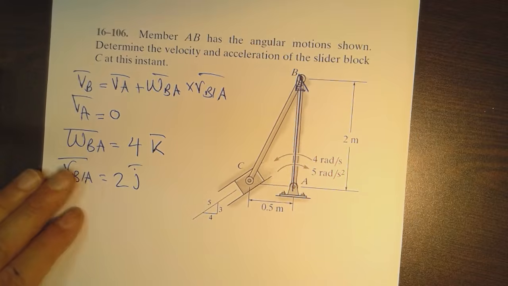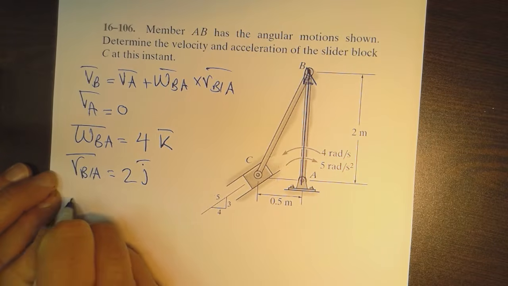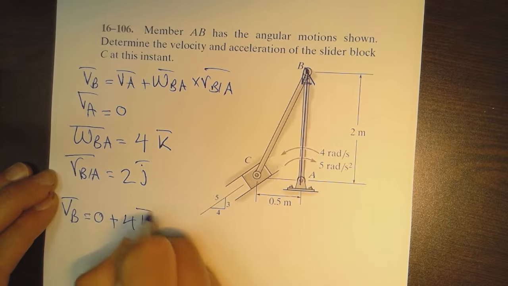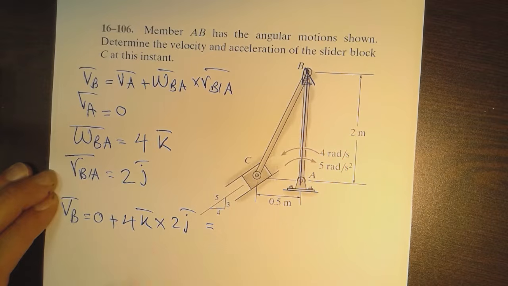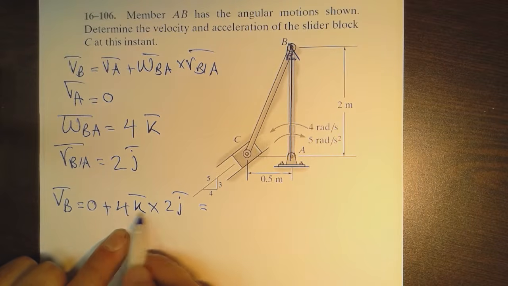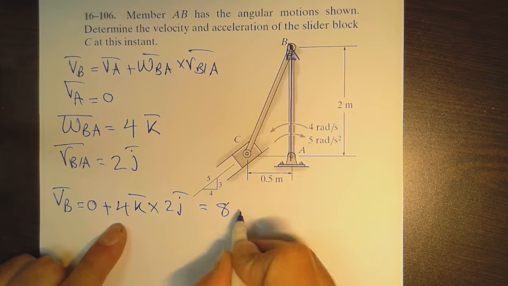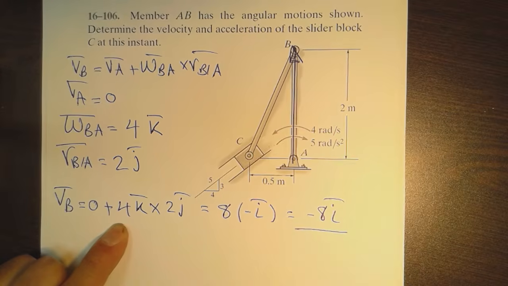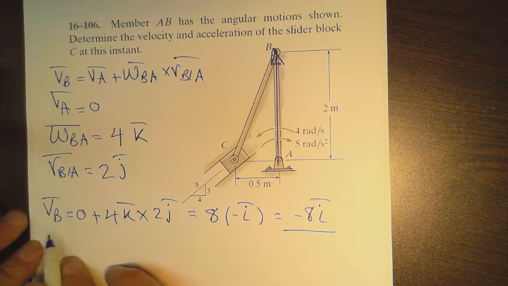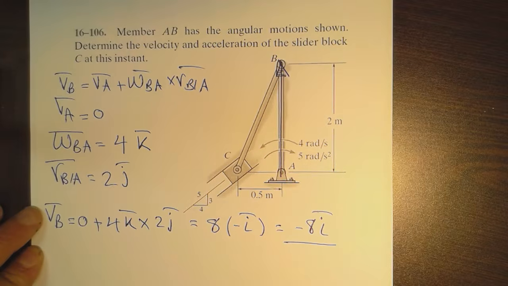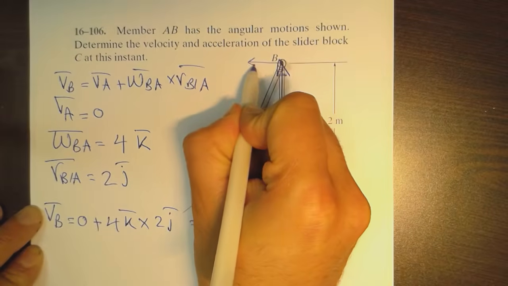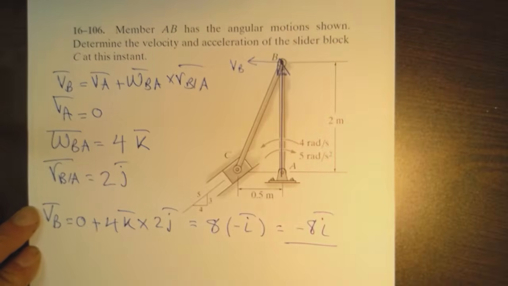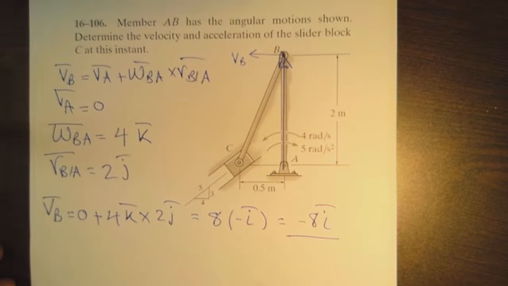We can write VB is equal to 0 plus 4k cross product 2j, and this would equal 4 times 2, which is 8, k times j is minus i, so this is equal to minus 8i. This is the velocity of B in vector form, and it is going in this direction. It is VB, you can indicate that. It is going in the minus direction of x, so this is minus 8i.